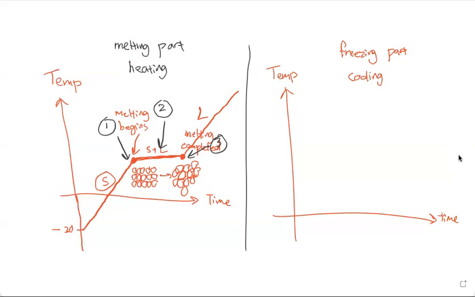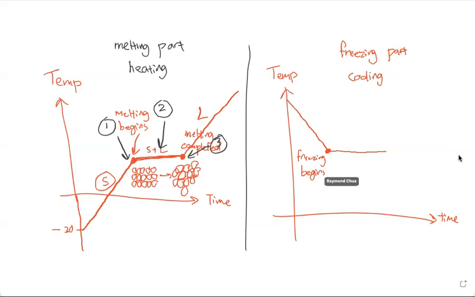Then the temperature of the water or of the liquid will drop because it cools down. It will continue to drop until it reaches the freezing point. Then it starts to go flat. So this is the point where the freezing begins.